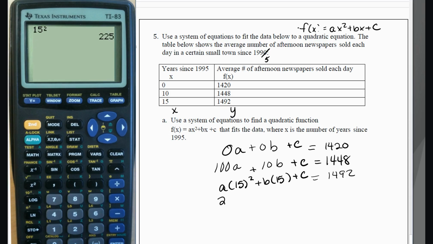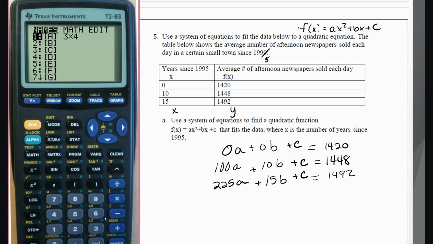So that'll be 225a. And then this will be 15b plus c equals 1492. Okay, so we're going to put that into our matrix.